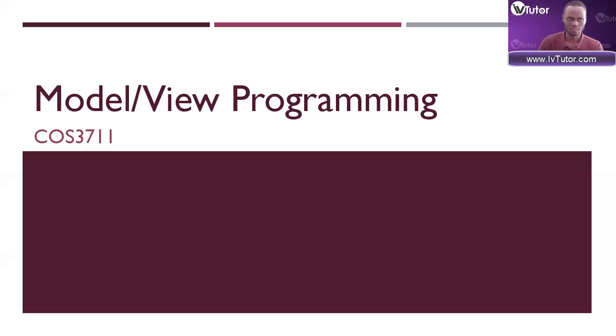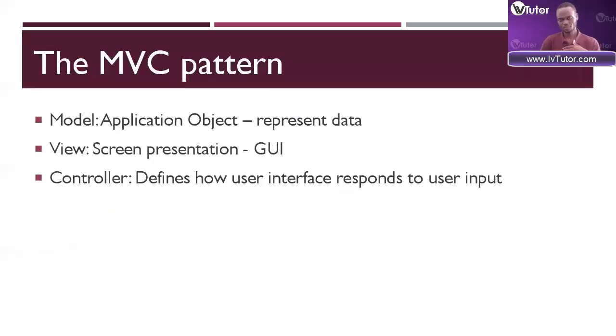So the first thing to understand is that the model view architecture stems from the MVC pattern, and the MVC pattern simply stands for the model, the view, and the controller. So it's MVC, model view controller. And the model is used to represent your data. The view is obviously for presentation, and your controller is what sits between your model and your view.